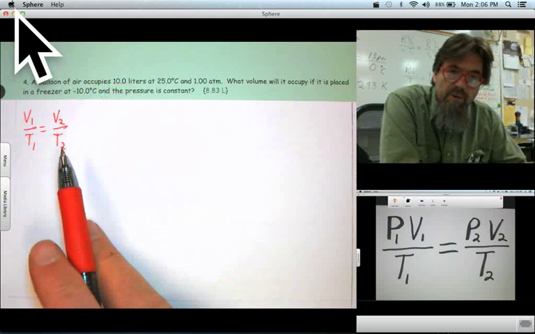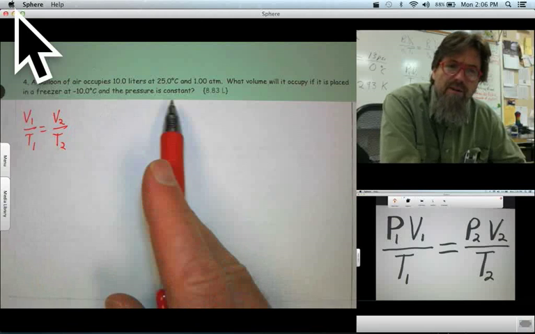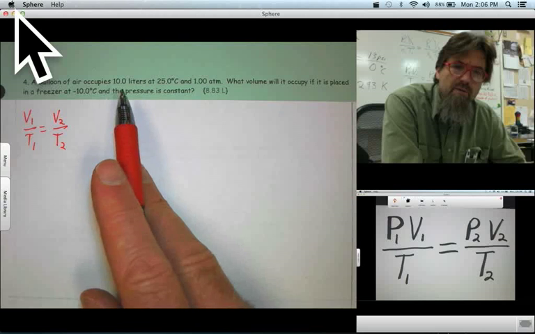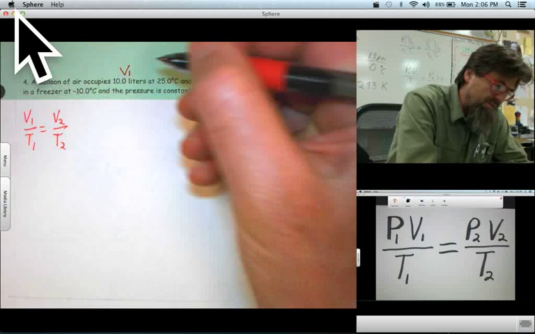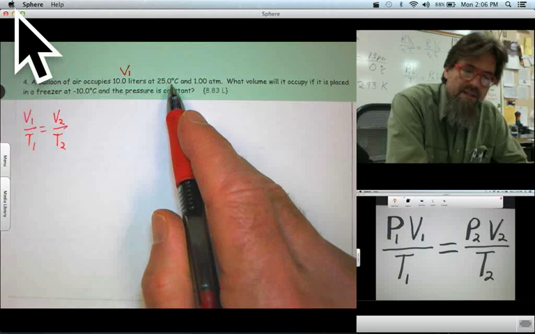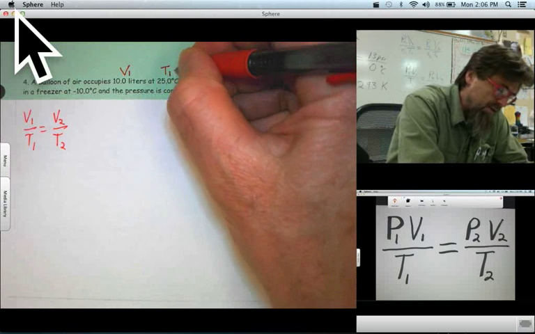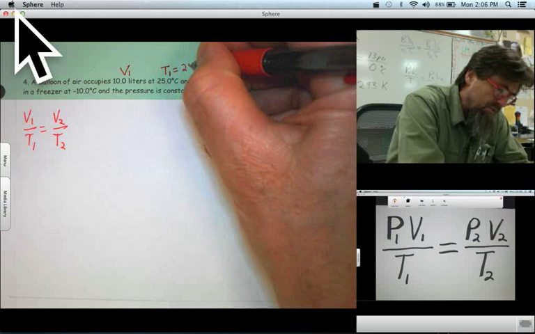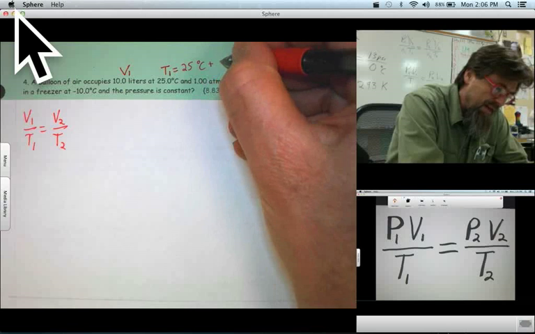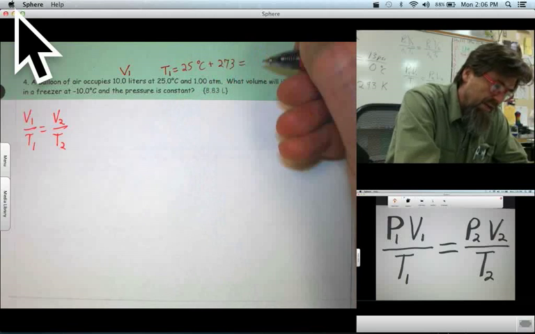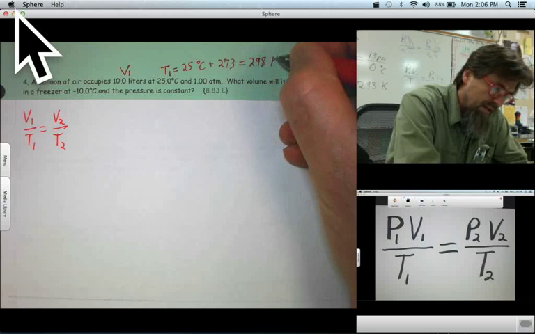The pressures cancel. And let's see if we can identify some variables here. The original volume, V1, is 10.0 liters. 25 degrees C will be our starting temperature, T1. Now to convert to Kelvin, we take the 25 degrees C and add 273 to get our temperature in Kelvin. That's 298 Kelvin.